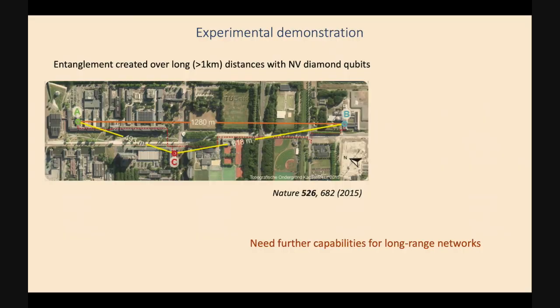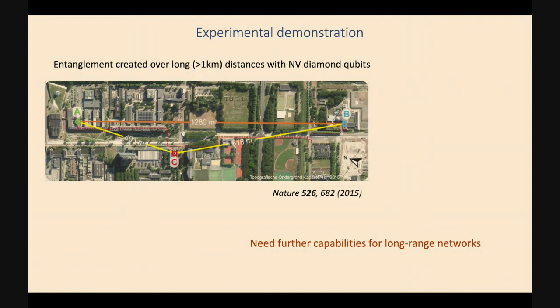All right, so there's been experimental demonstrations of this, more than 1 at this point, but I'll highlight this one from the Delft group in the Netherlands, where you can see an aerial picture of the Delft campus, and A and B are 2 labs. Each of them has a diamond with this spin qubit in it that's very well characterized and controlled.